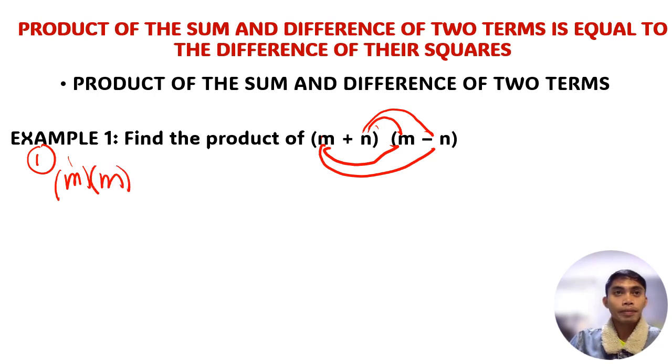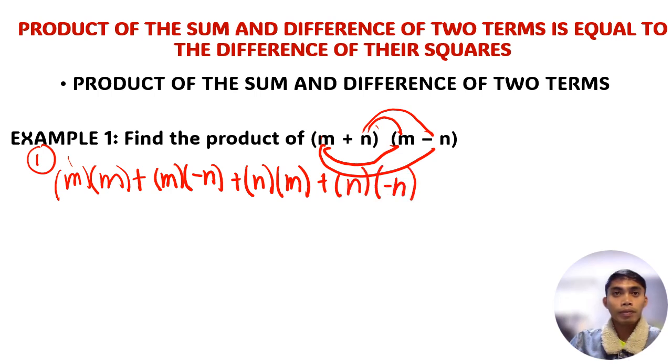Therefore we use m times m plus m times negative n plus n times m plus n times negative n.